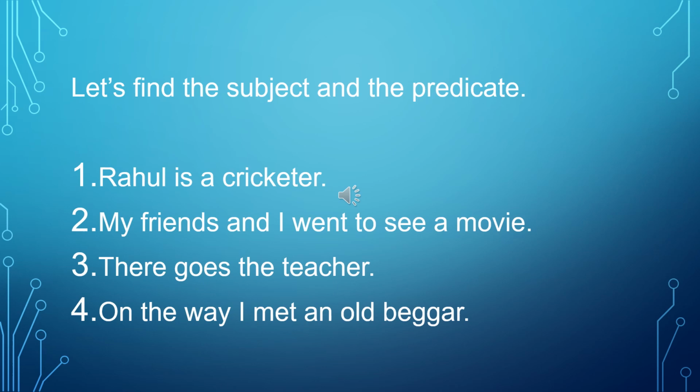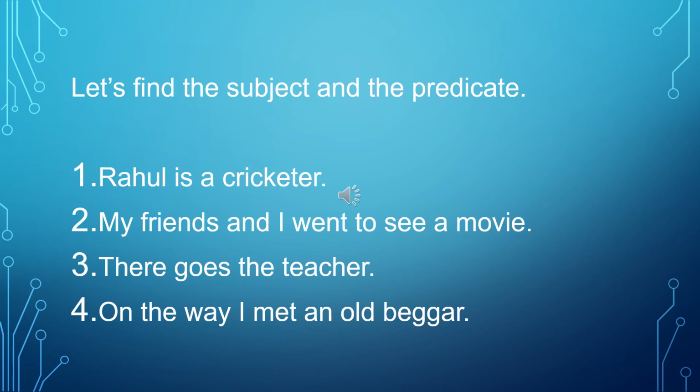Next, there goes the teacher. Who goes? The teacher. So here the subject is the teacher. Predicate is there goes. Next, on the way I met an old beggar. Make a question. Who met an old beggar?